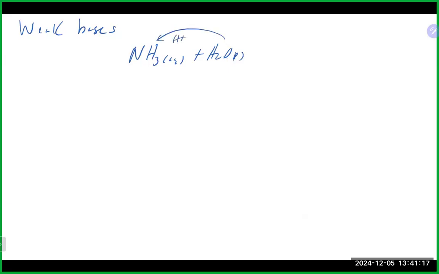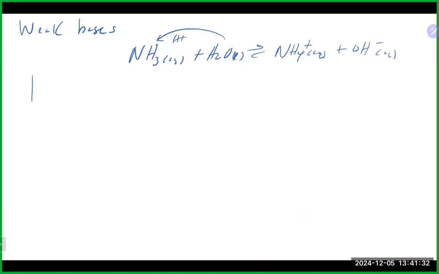After that, we talked about similar weak bases. Again, weak bases work the same way. If we look at something like ammonia, which is a weak base, with water accepting a proton, you could write ammonium hydroxide together or keep it separate.